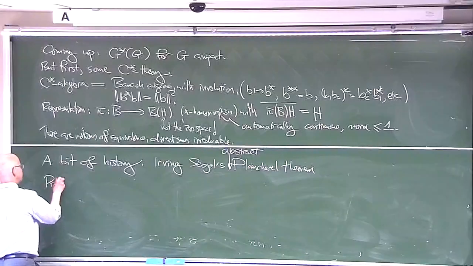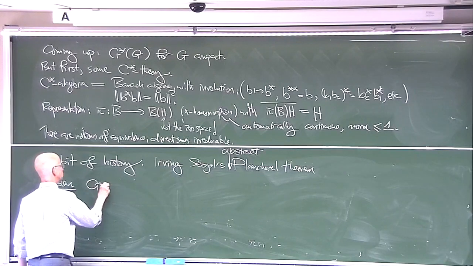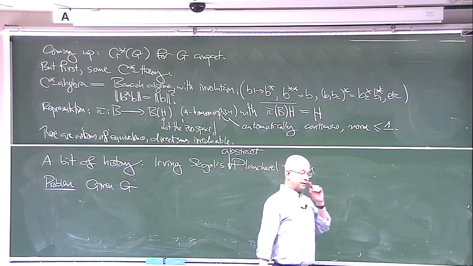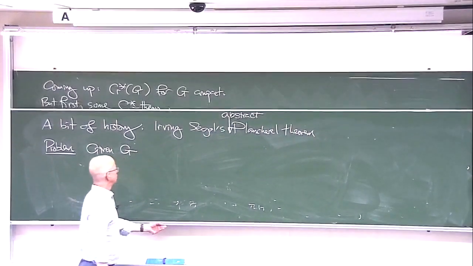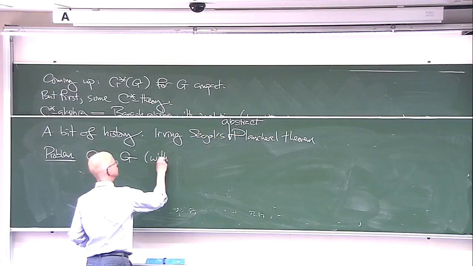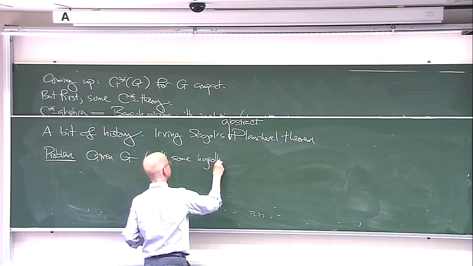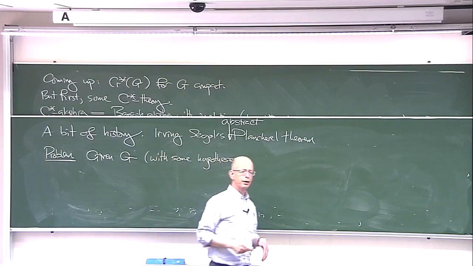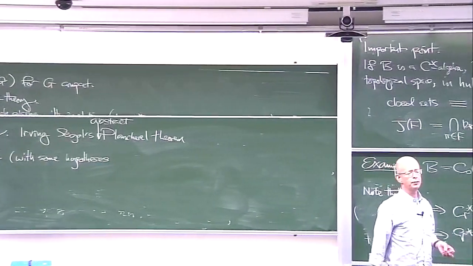So here's the problem. Given a group G, it was understood, very soon, in fact even before Siegel's work, by von Neumann and others, that what I'm about to tell you cannot work for an arbitrary group.